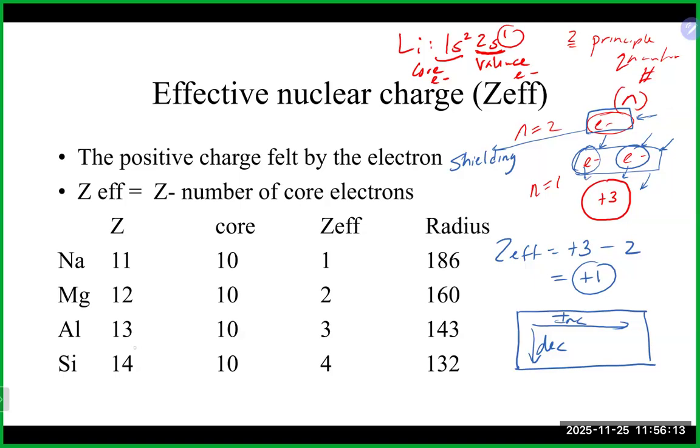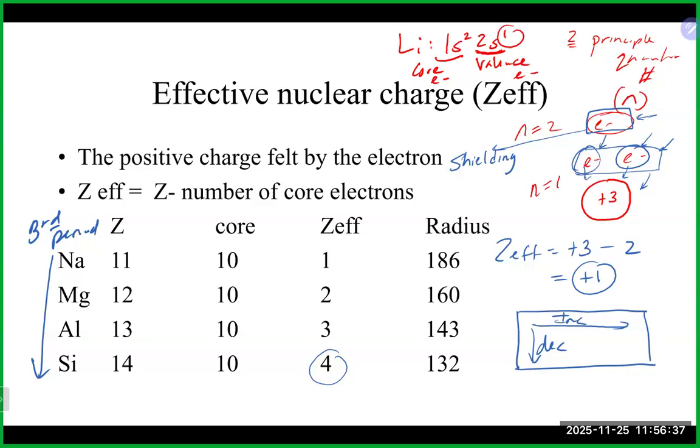And we can see that this is sodium, magnesium, we got aluminum and silicon. That is going through the third period on the periodic table. And you can see that the effective nuclear charge increases as you kind of go to the right on the periodic table.